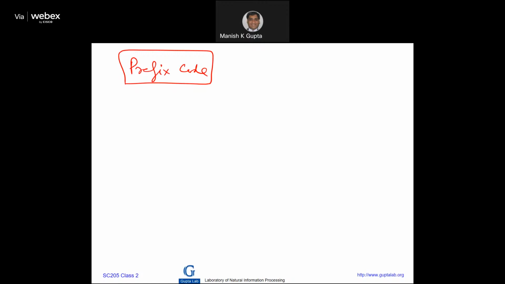So we know that in any running English text, E occurs quite often, right? So suppose we want to encode a text. Whatever character is occurring most, I'm going to assign less number of bits.